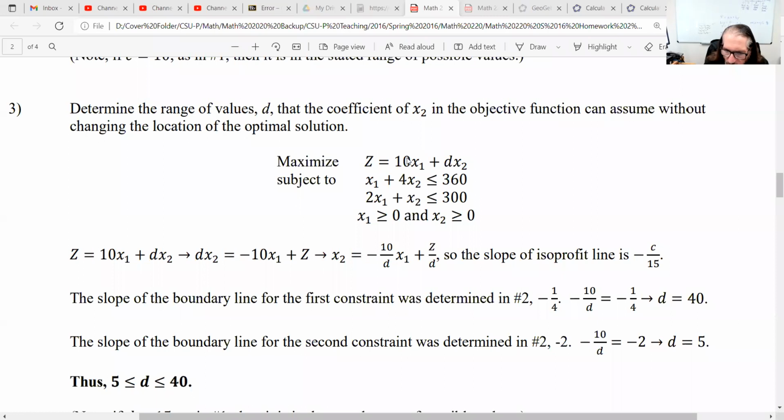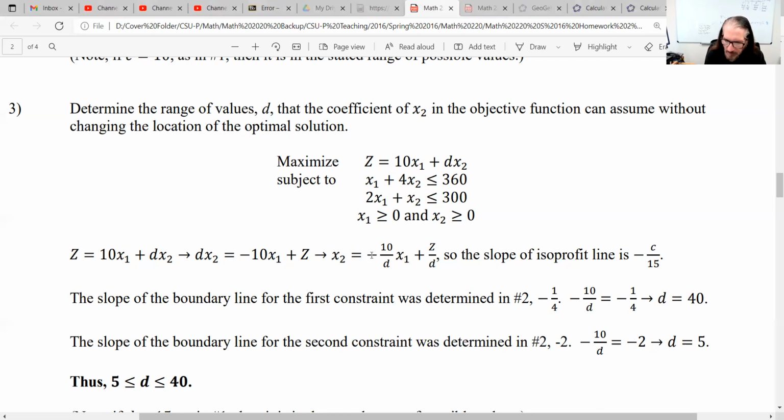Rewriting the objective function to get x sub 2 alone, i.e. y, I'm going to subtract the 10x1 and then divide everything on both sides by d, so that the slope of the isoprofit line, oh, that's a typo. That should be negative 10 over d is the slope. Unfortunately, I did a copy and paste from the previous problem.